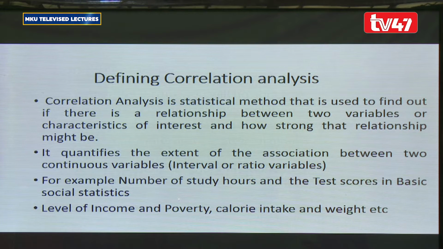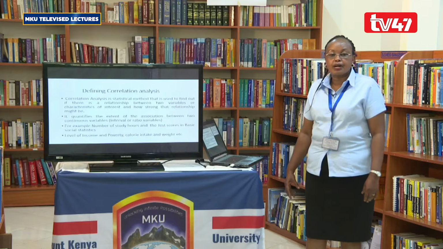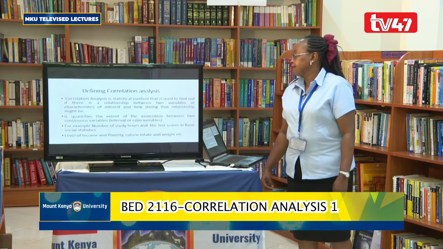Now, I want us to be able to define a few things that are relating to correlational analysis. The first thing, let's get the term correlation analysis itself. What is it? Now, correlational analysis is basically a statistical method that we use within social sciences to find out if a relationship exists or not between 2 variables or any 2 characteristics of interest to a researcher in social sciences.